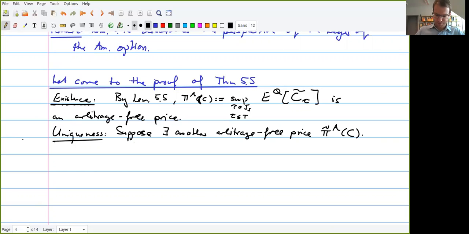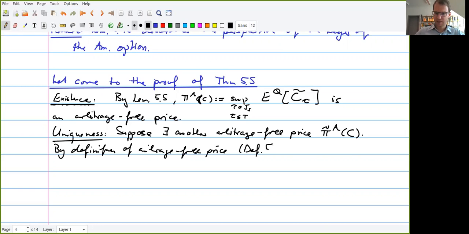So I just want to use the definition of an arbitrage-free price now to verify that there cannot be another one. If you want to check it out again, it is by 4, and here I actually used the first part. So what do we know here?